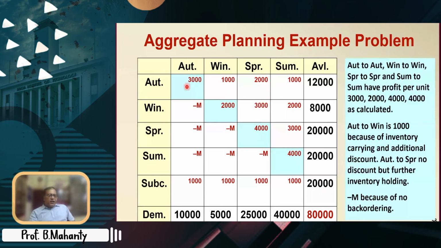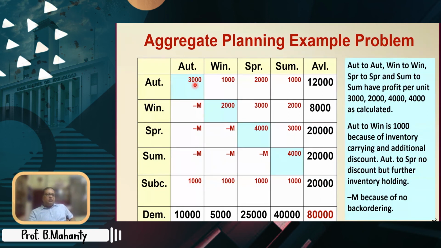Now, these colored squares are very important. You see, if you produce in autumn, supply in autumn. Produce in winter, supply in winter. Produce in spring, supply in spring. Produce in summer, supply in summer. So those costs are computed. I'm not going into detail based on the discounts and other things. Say, for example, in autumn, the selling price is 10,000 and production cost is 6,000.